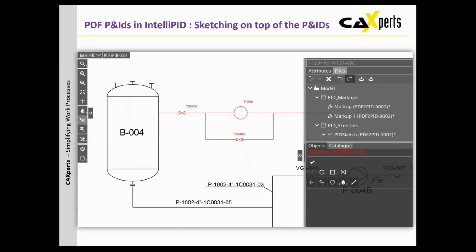If you also want to create new objects and not only markup on the PIDs, you can use the sketching function. The sketching function allows you to work with predefined objects like pipe, circle, rectangle, valve, but you can also create your own symbols and use them within the sketching function, and then you can enhance the graphical information with new objects which are saved in sketches.